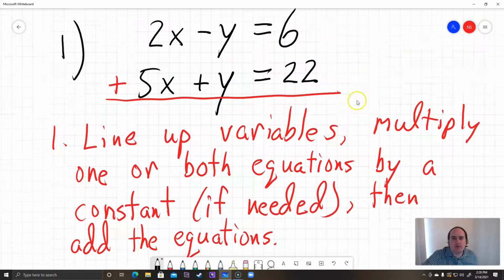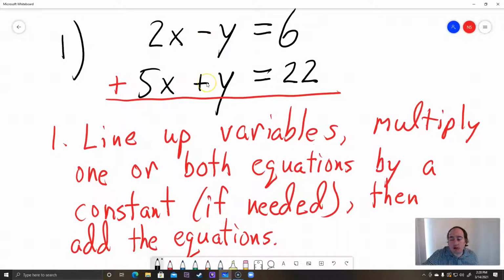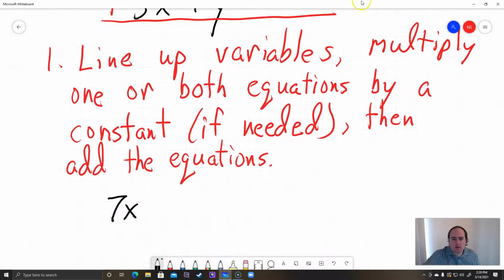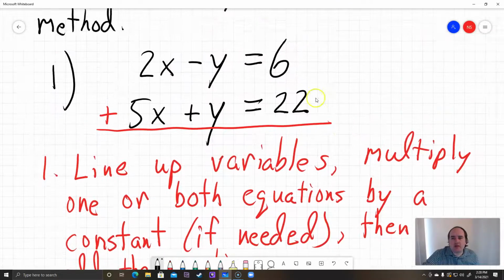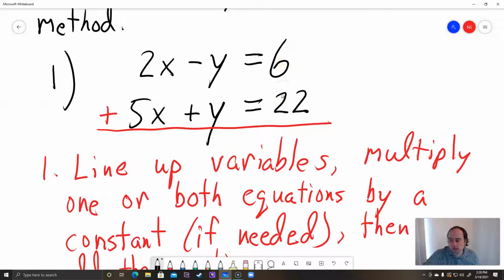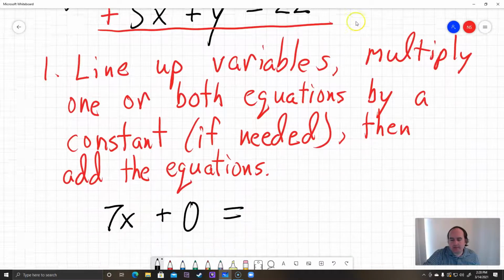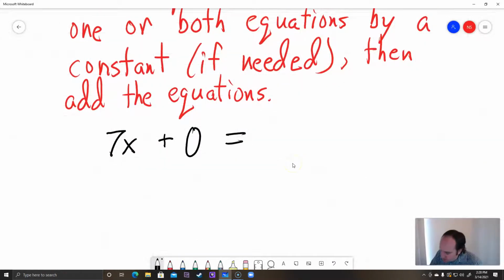Then negative y plus y is 0. So we have 7x plus 0 equals, and on the other side, 6 plus 22, which is 28. You don't have to write plus 0, because any number plus 0 is the number. So we just get 7x equals 28.